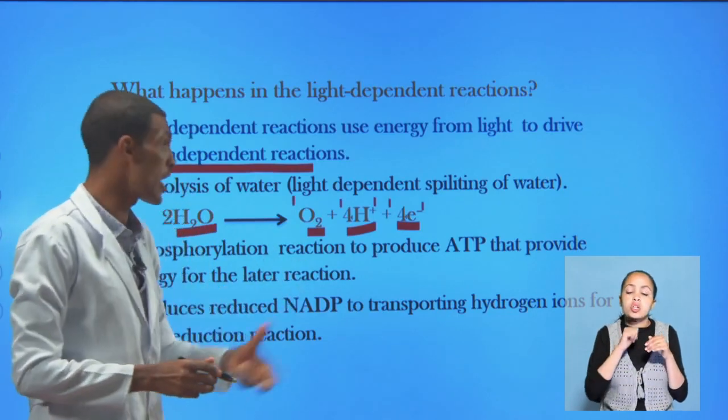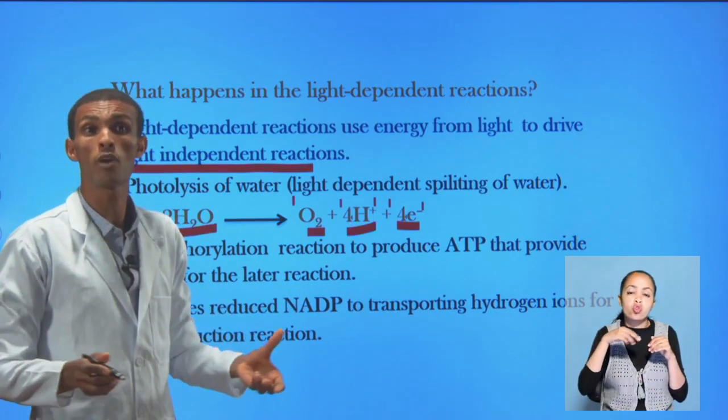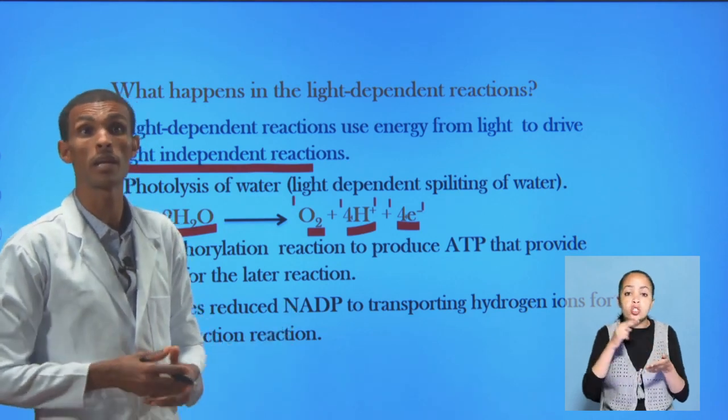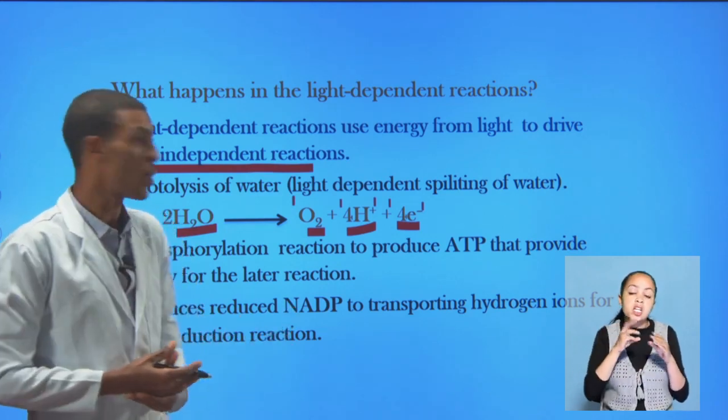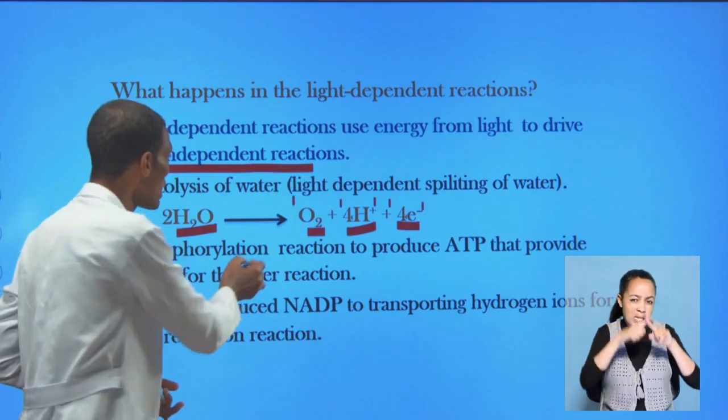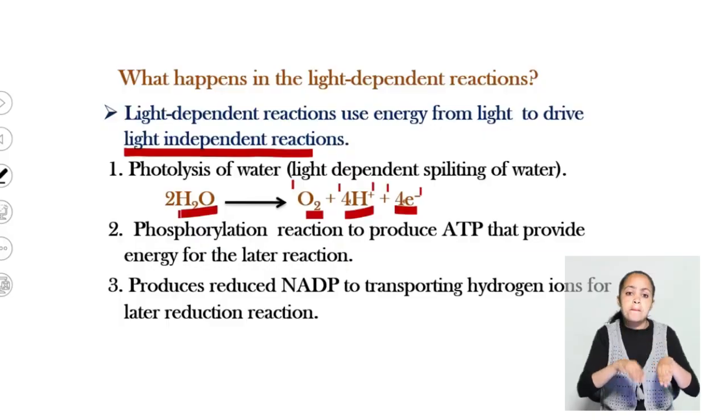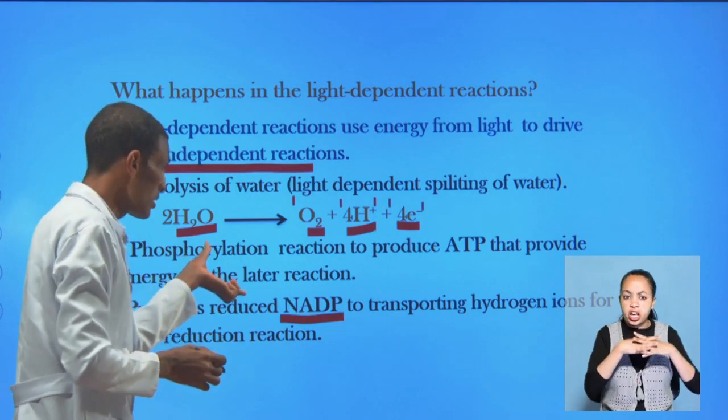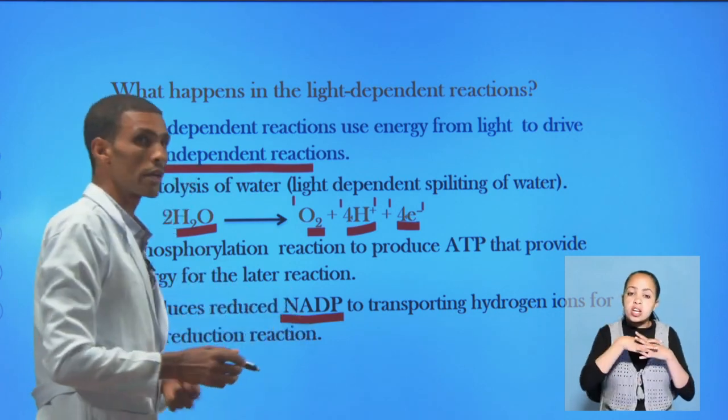There is no phosphorylation. There is no production of NADPH molecule in the fluid stroma. But it depends on energy that can be provided from the light-dependent reaction, and again protons that can be produced in the light-dependent reaction. There is phosphorylation, there is NADP molecule.